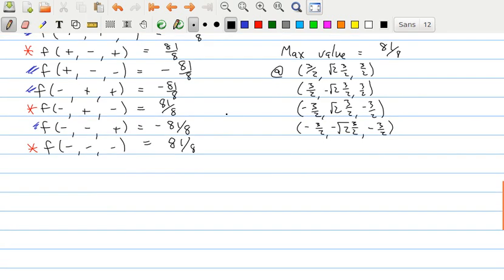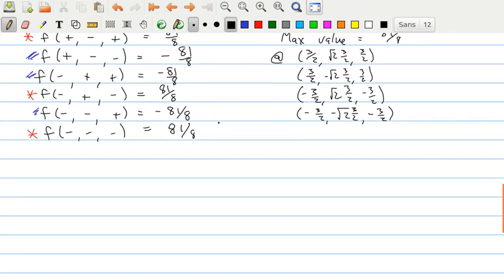Now, this method generalizes to maximizing or minimizing subject to multiple constraints. So you may have a problem where you want to maximize or minimize f of x, y, z subject to several constraints, where you've got maybe g1 of x, y, z equals 0 and g2 of x, y, z equals 0.